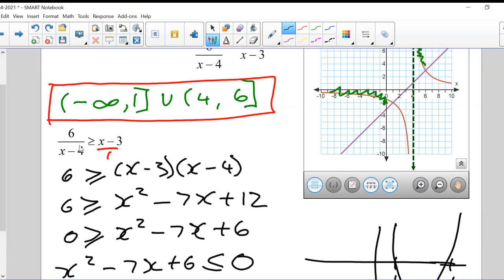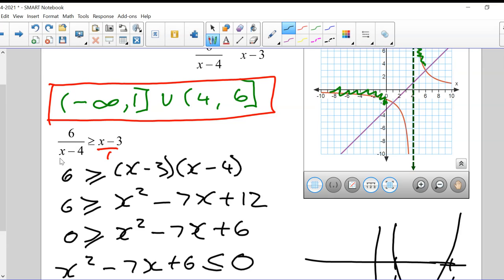But are there conditions under which this would be negative? Are there values of x that would make this negative? Yes or no? Absolutely.